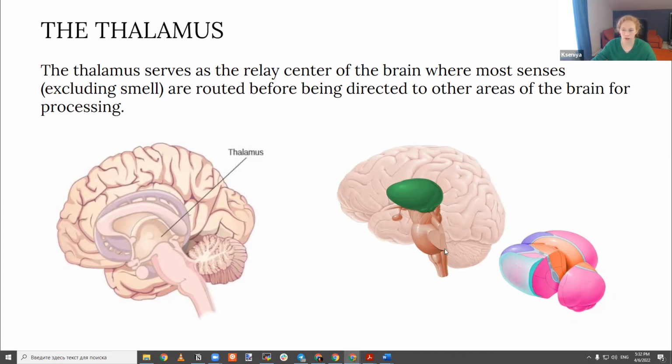For the visual system, for example, inputs from the retina are sent to the LGN, or lateral geniculate nucleus of the thalamus, which in turn projects to the visual cortex.